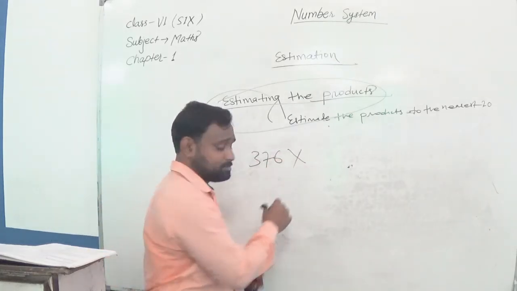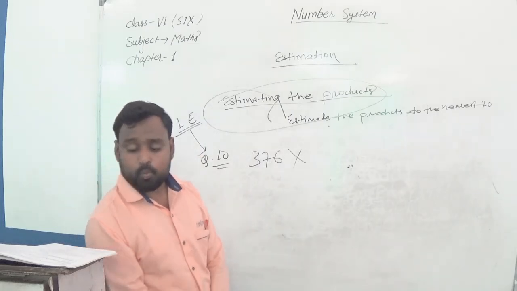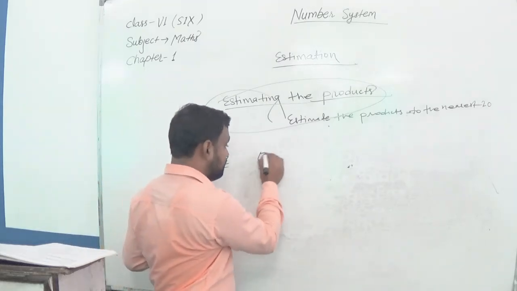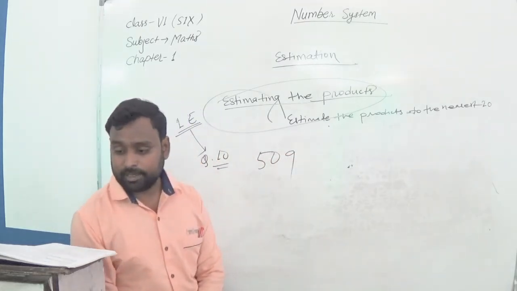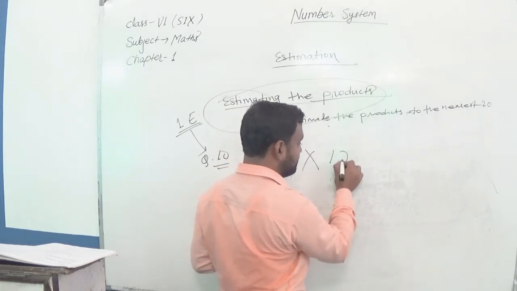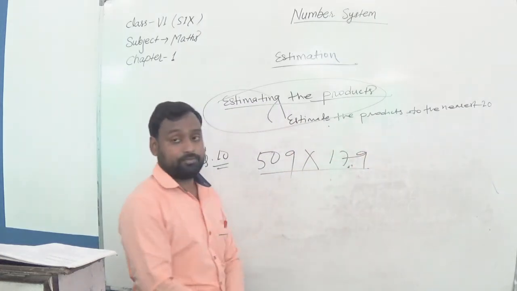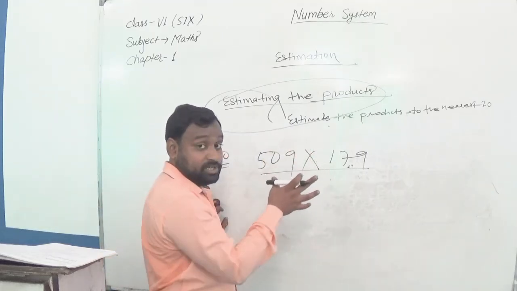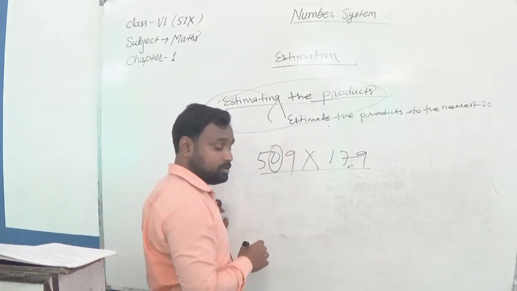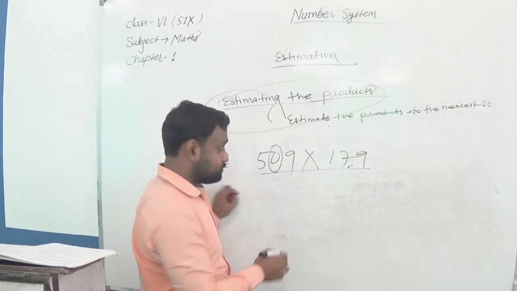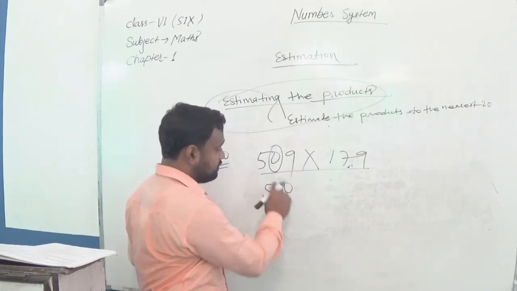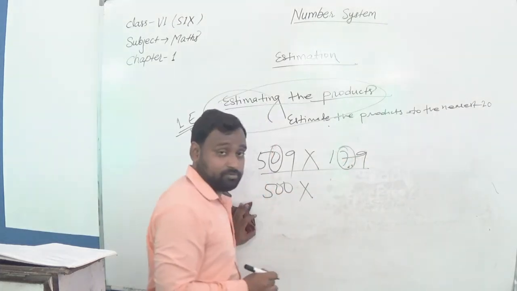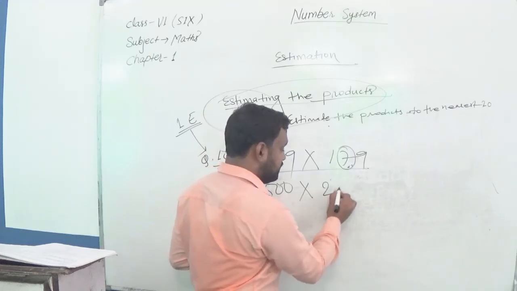We have 509 multiply 179. First of all, we round each to the nearest 100. 509: 0 is less than 5, so we will keep 500. 179: 79 is greater than 50, so it will be 200.